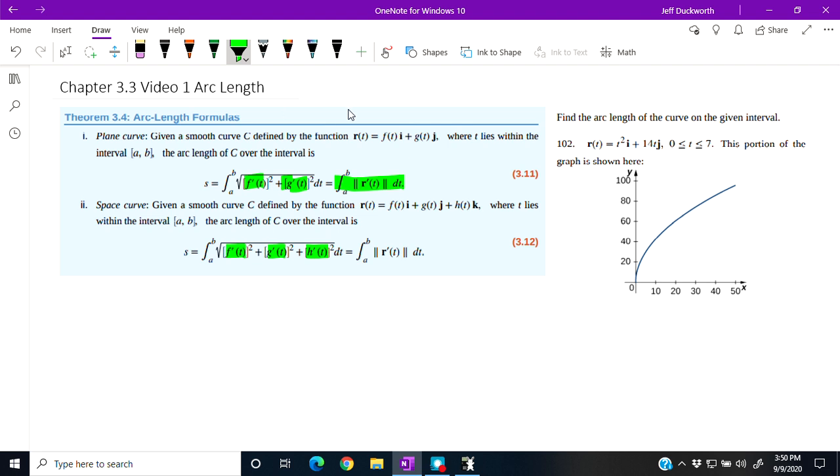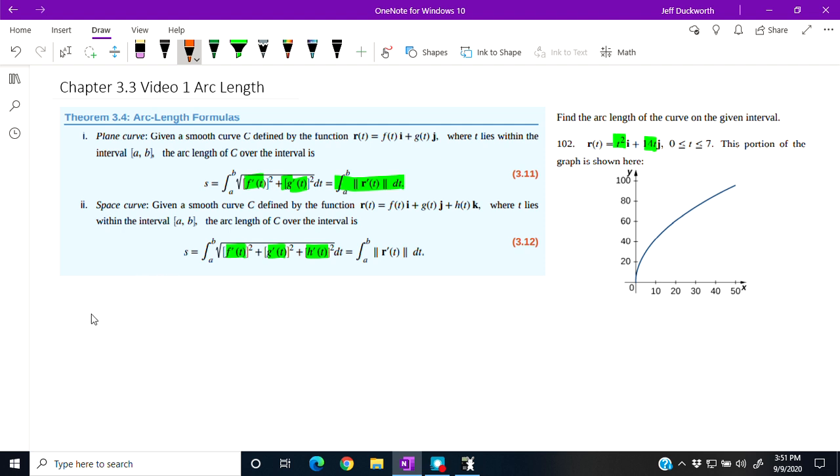So over here, problem number 102, the f of t is t squared, and g of t will be 14t. We're only looking at something on a plane, and we're going over the interval 0 to 7. So we're going to use that top formula.